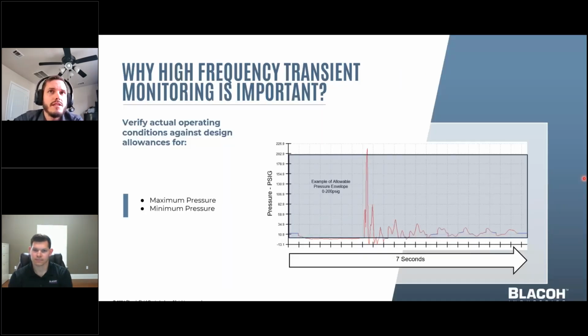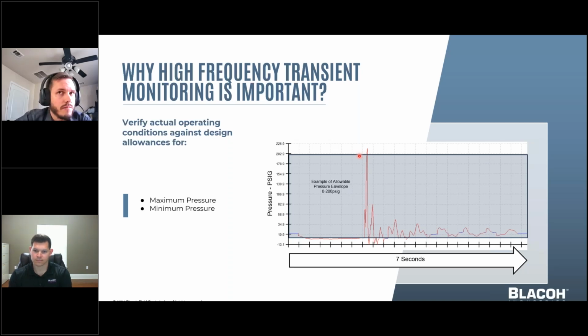With sufficient data, we have confidence in our measurement of the actual surge pressures, high and low. Because remember, low pressures can be just as dangerous as high pressures. When we are confident in the max and min pressures, we can verify the operating conditions are within the design allowances. For example, let's say that our allowable pressure is 200 psi.